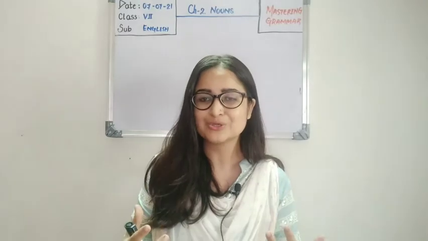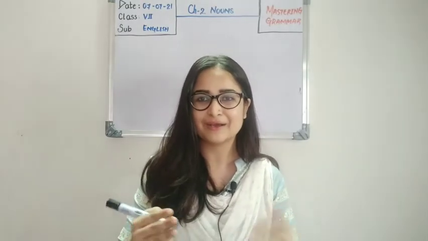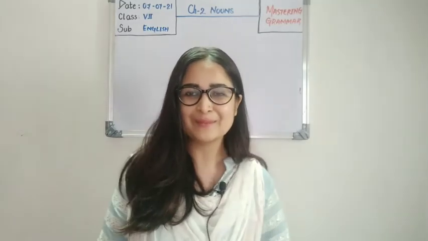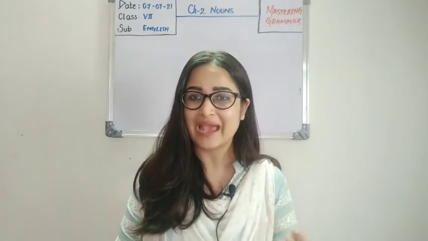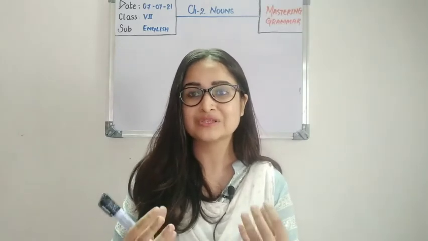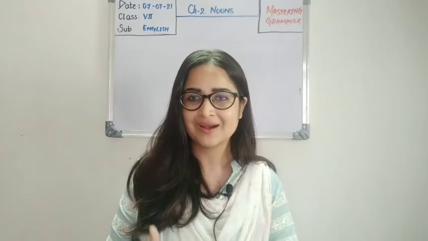I thought it would be better if I carried it over to another video lesson. So here I am going to tell you what we can add or remove from the root words like verbs, adjectives and common nouns to make an abstract noun.